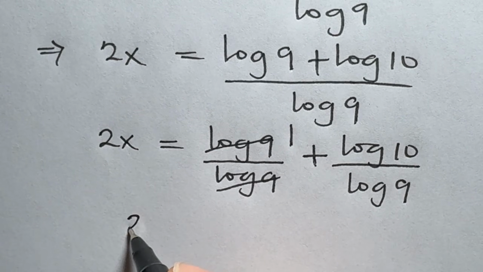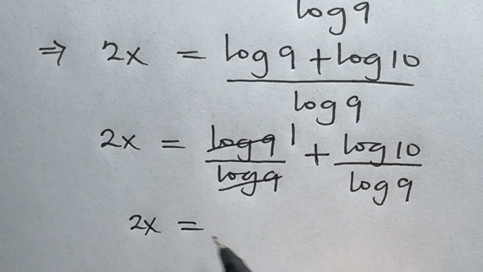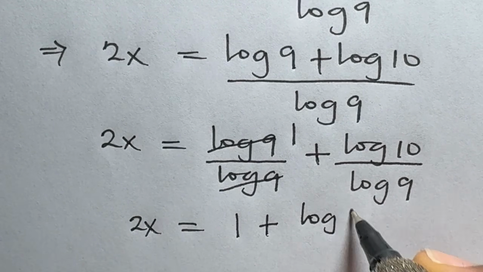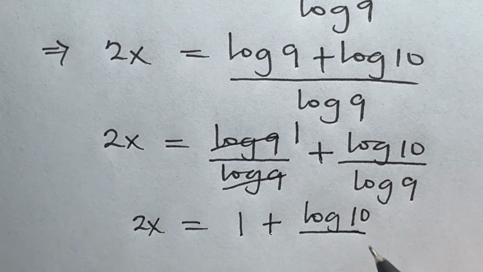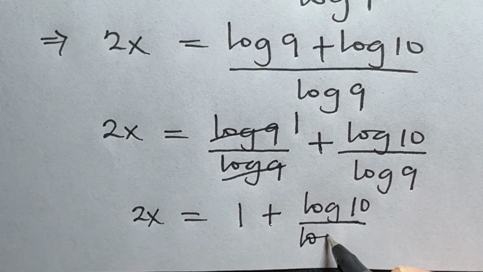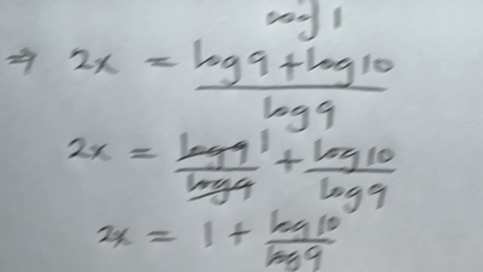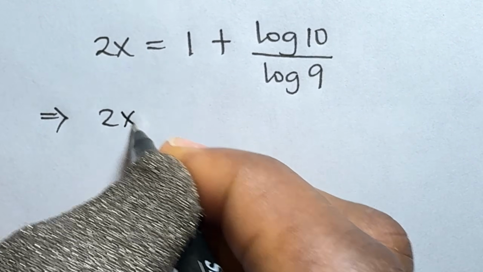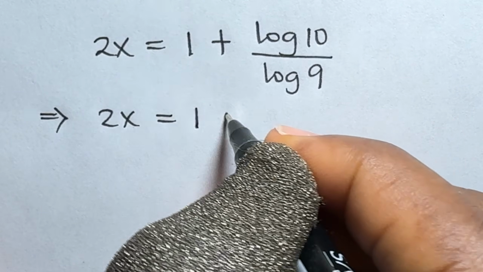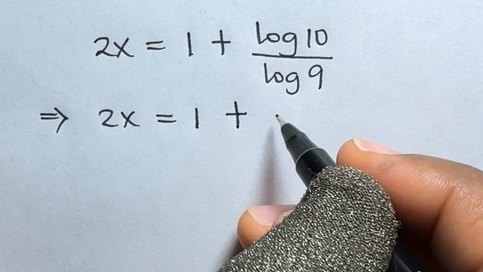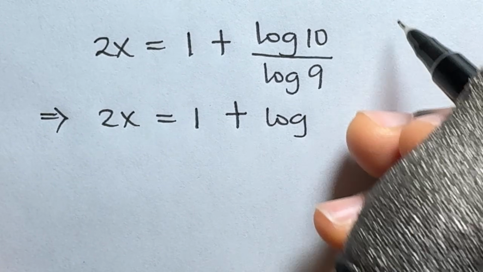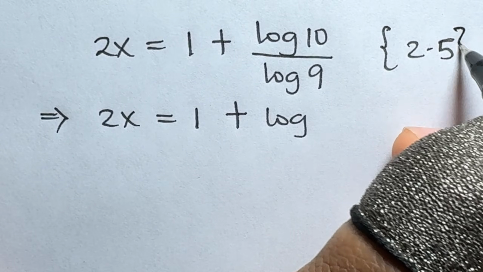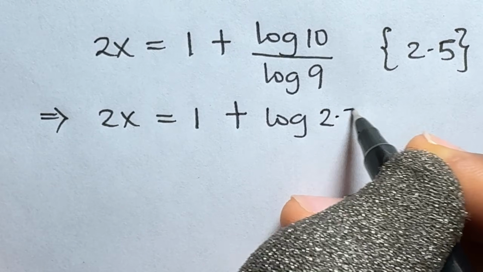Therefore, 2x is equal to 1 plus log 10 divided by log 9. This implies that 2x is equal to 1. We can separate this again into log. 10 itself is 2 times 5. So this becomes log 2 times 5.